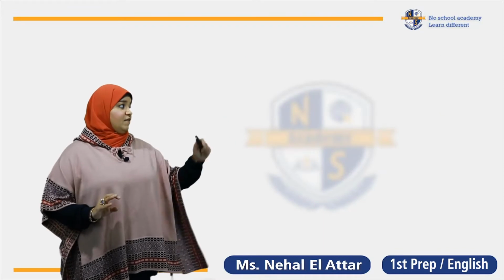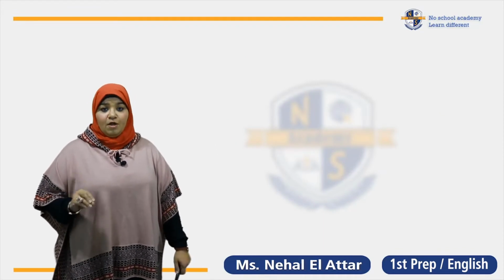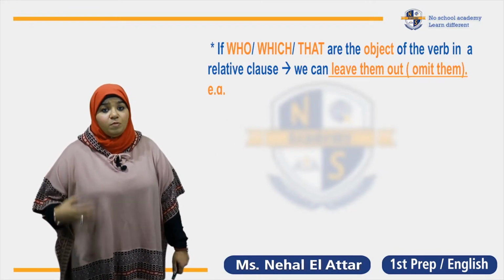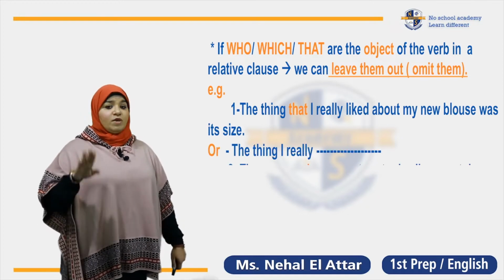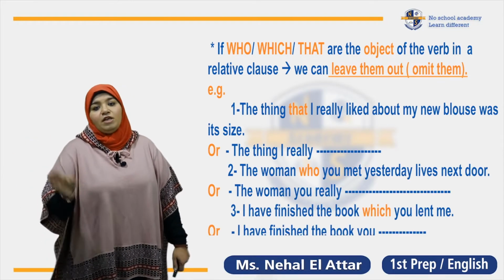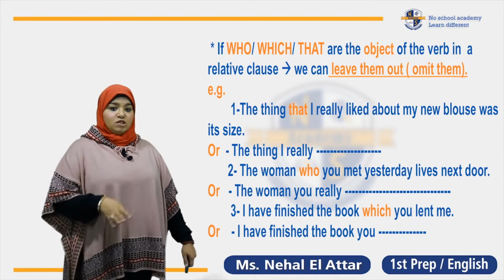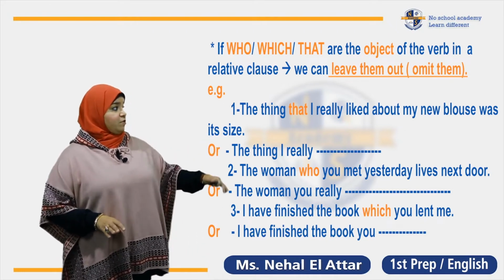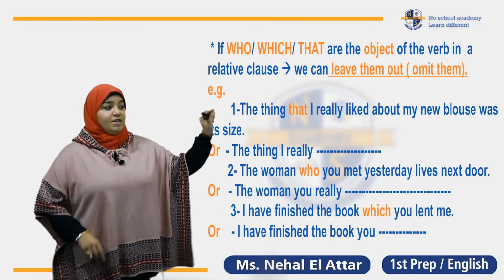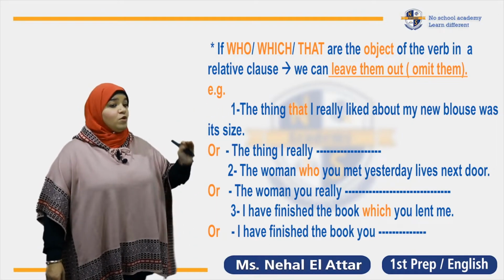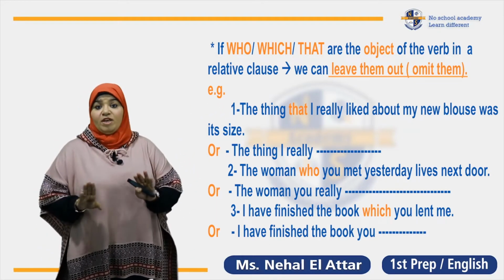For example, as in the examples here, the thing that I really liked about my new blouse was its size. You can omit that: the thing I really liked, okay? And so on. Try these examples. You may find one example containing a relative pronoun and the other without it, and it makes sense.